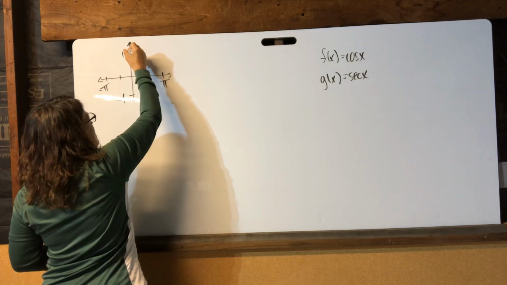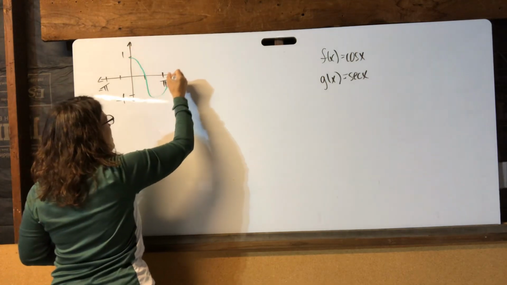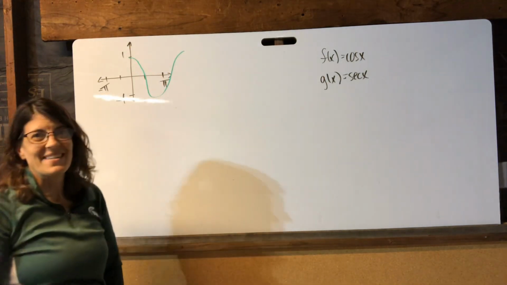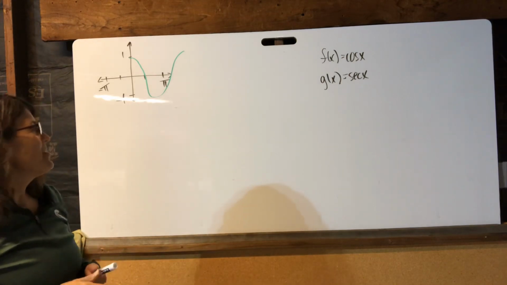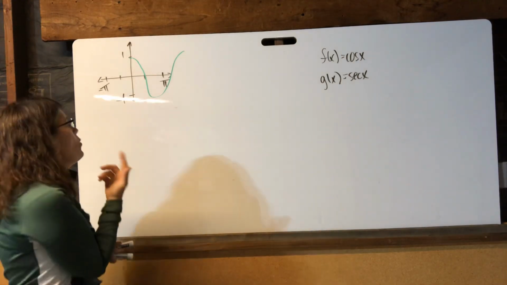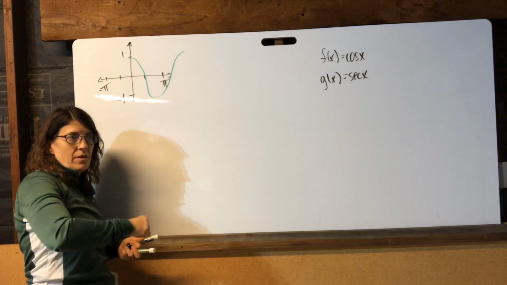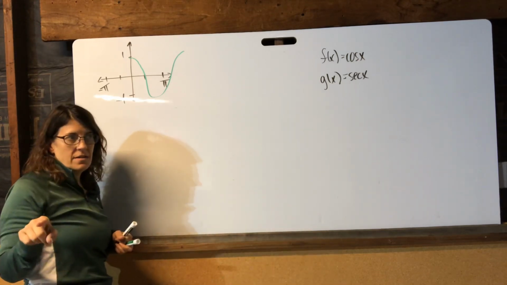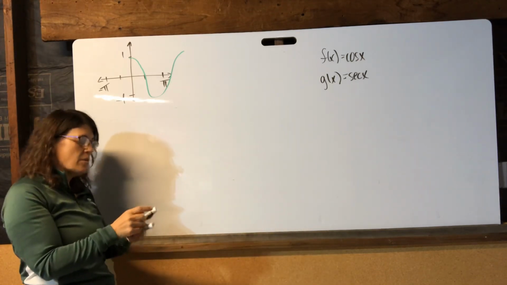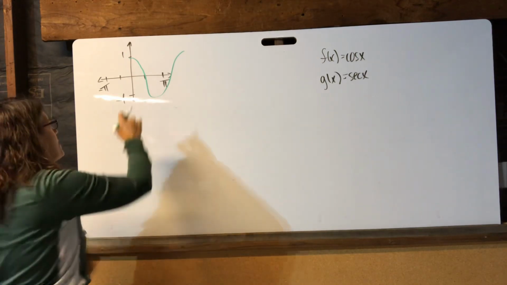I'm just going to, here we go. My drawing has not gotten any better. Okay, so secant is the reciprocal. Where the cosine is 0, the secant is undefined.